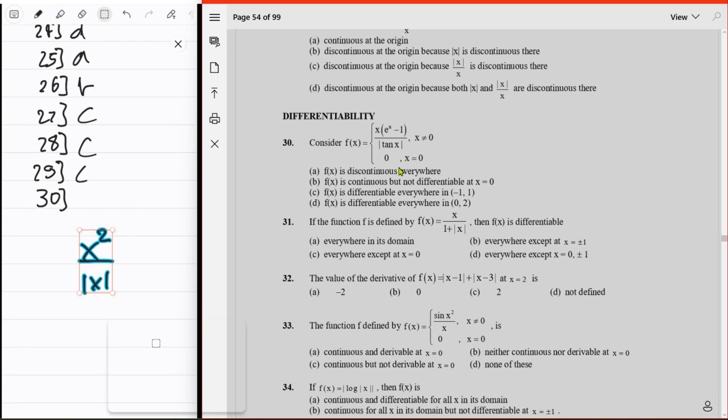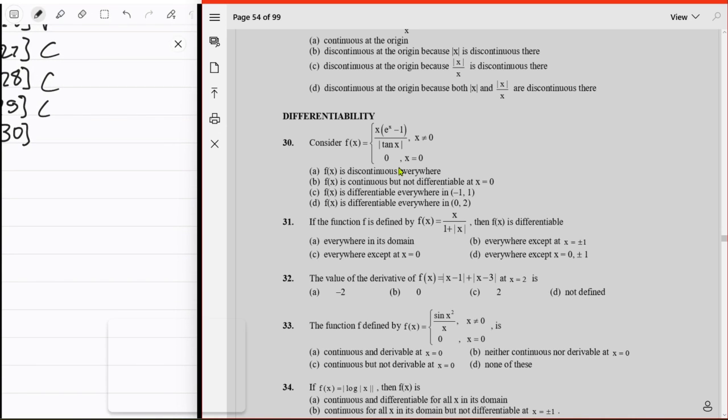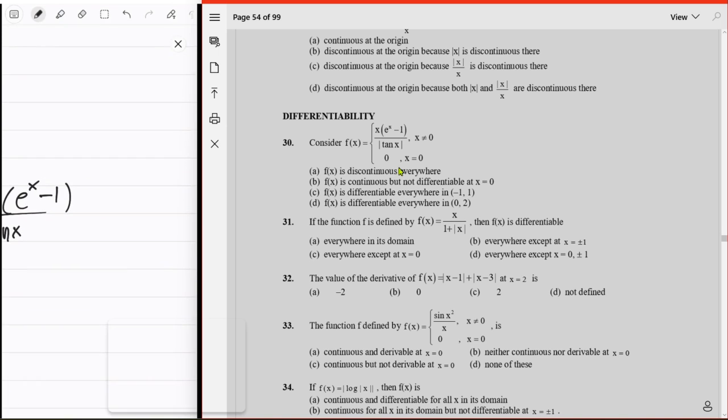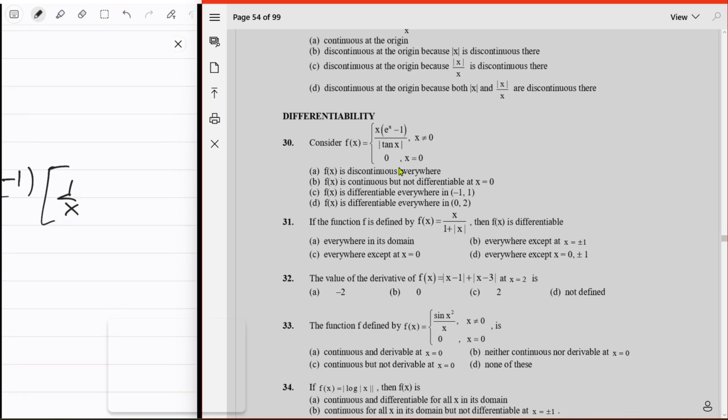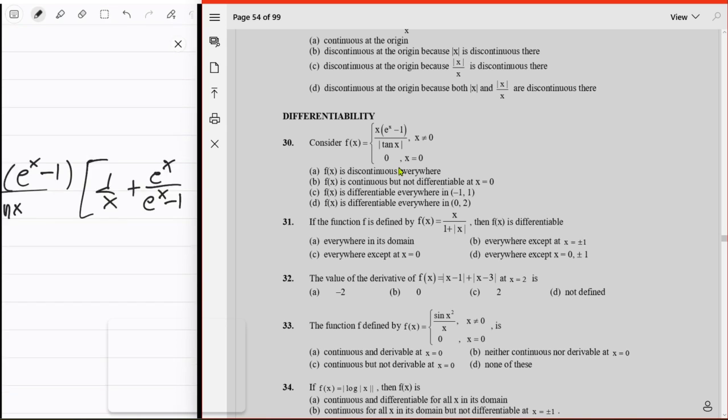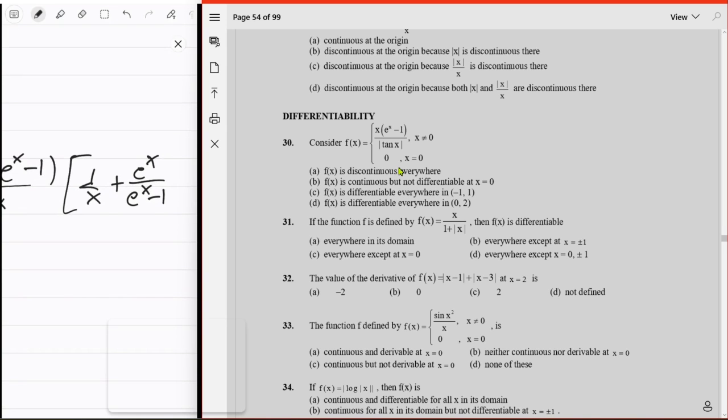We'll see what happens. So when x is between 0 and pi upon 2, this just becomes x upon tan of x, and then you have e power x minus 1. So the derivative of this: just natural log of that, and then you get the thing. Then plus 1 upon, just e power x upon e power x minus 1. Natural log of tan of x, but it's negative, of course.